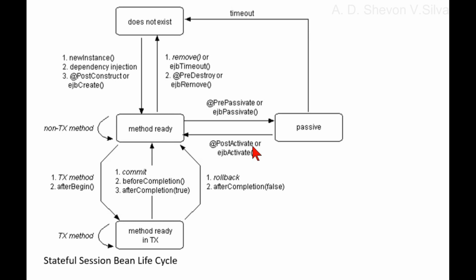EJB 2.1 lifecycle methods are specified in the javax.ejb.SessionBean interface that a stateful session bean must implement. For EJB 2.1 stateful session beans, you must at the least provide an empty implementation for all callback methods.